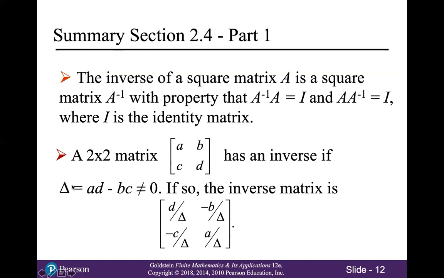Now they're using the Greek letter delta to stand for the determinant. I mixed those two words up. And if this matrix has an inverse, that inverse is D, -B, -C, A times 1 over the determinant.